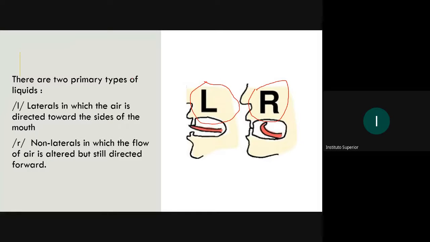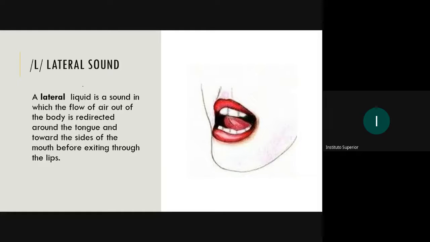Here we have the difference in the picture, how we put our tongue with the L sound and how we should curve our tongue when we produce this sound. Here we have the pictures with a demonstration about how we should move our tongue in order to produce these sounds. Will you read first the first sound, please? L.